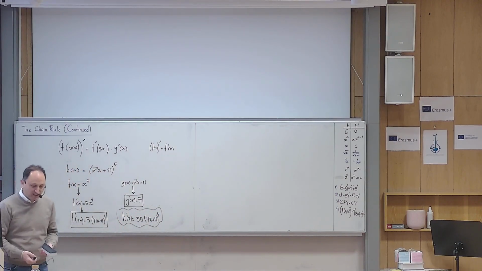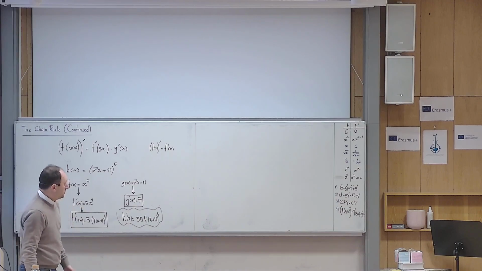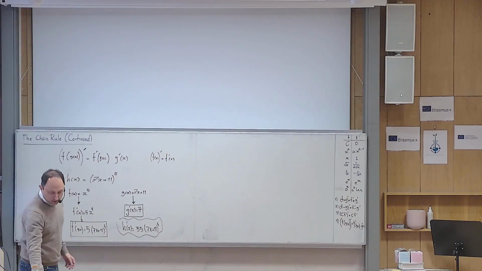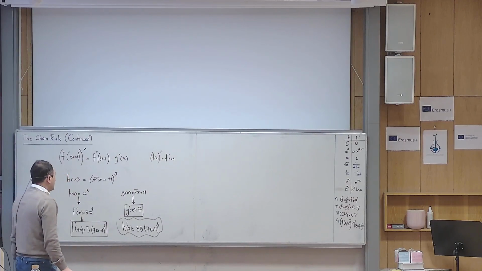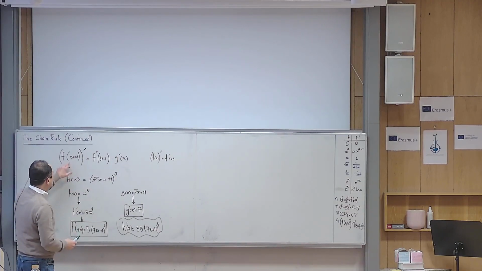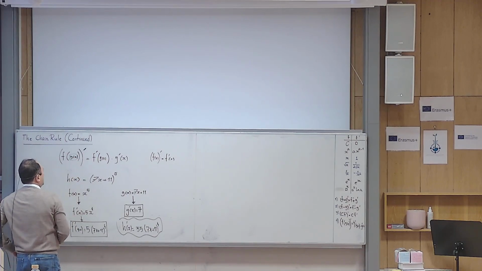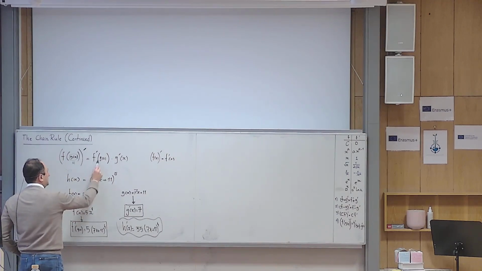Okay, so that is exactly what we did before, but let us do it faster. The way that I want to do it from now on, I want to just name g of x to be u. Okay, so then it becomes what?